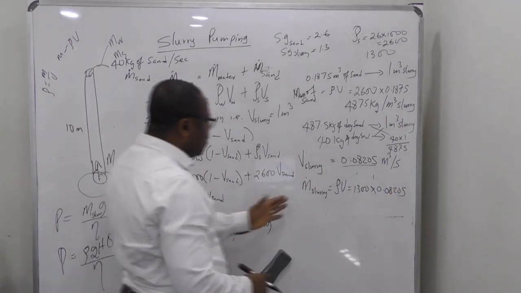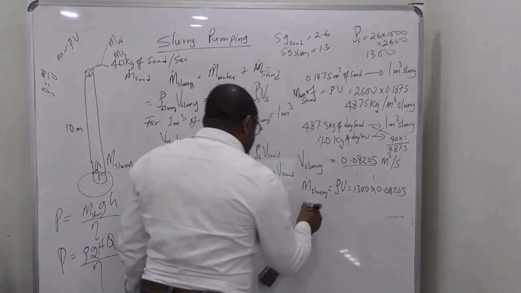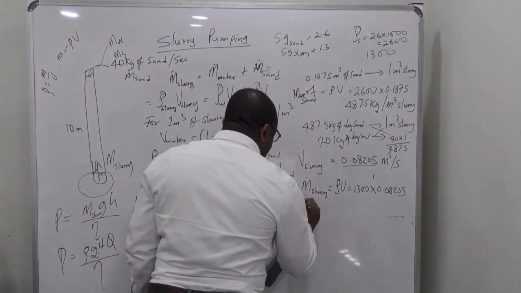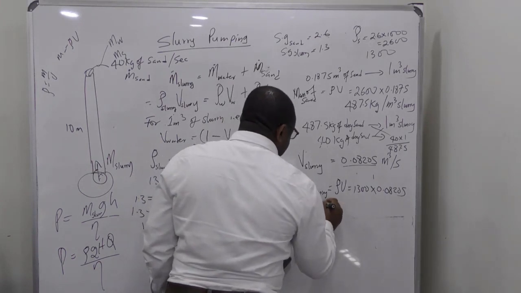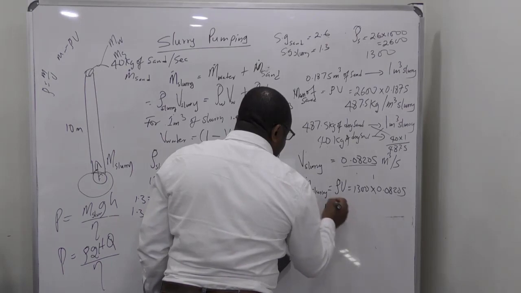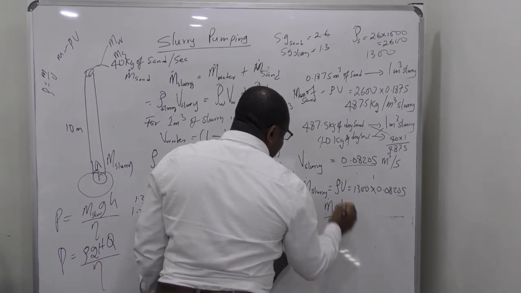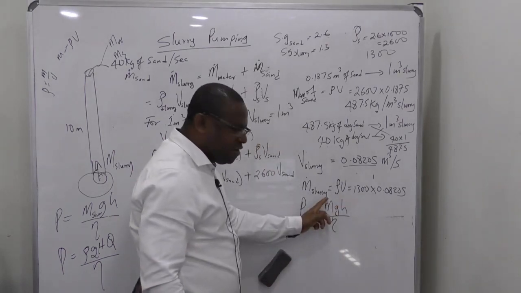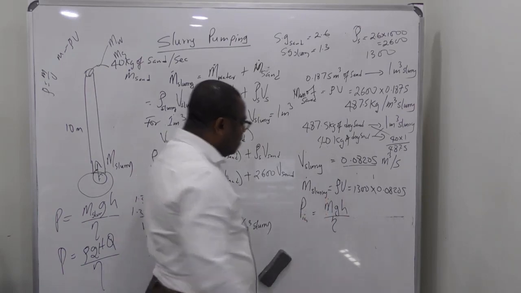All right, so we can easily use this and say efficiency. Power in, P in, is P out, or energy mgh, divided by efficiency. Just put in the rate of flow, the mass flow rate.